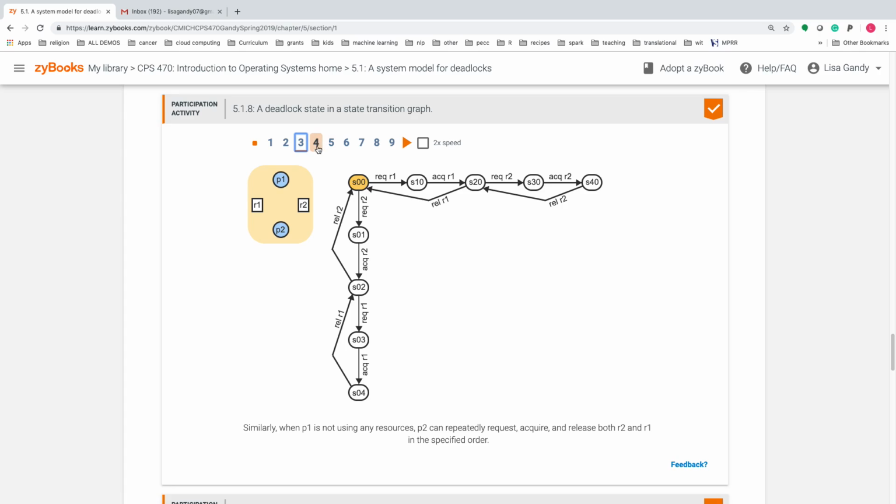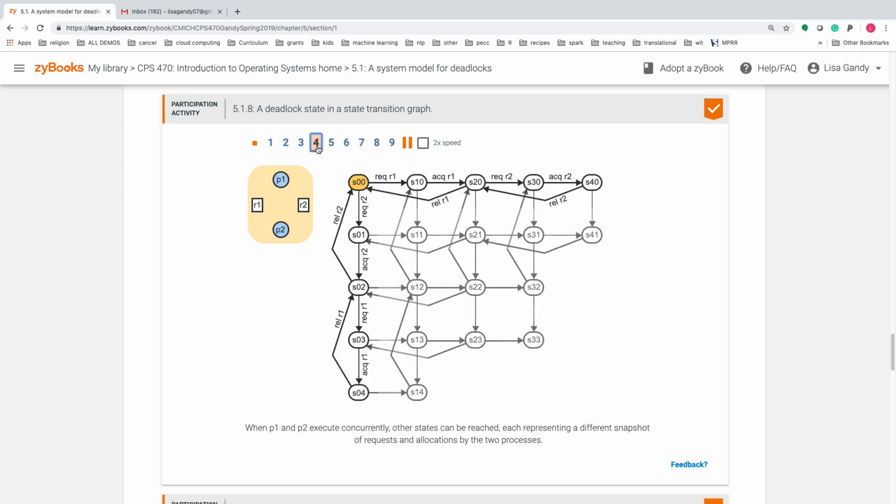And so you just basically have to keep drawing this graph out, which looks complicated, but it's not so bad. It's just time consuming. So, this is the graph.